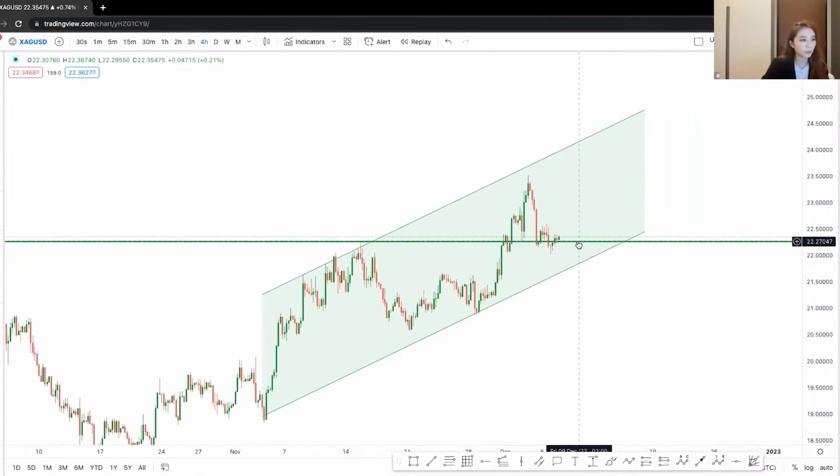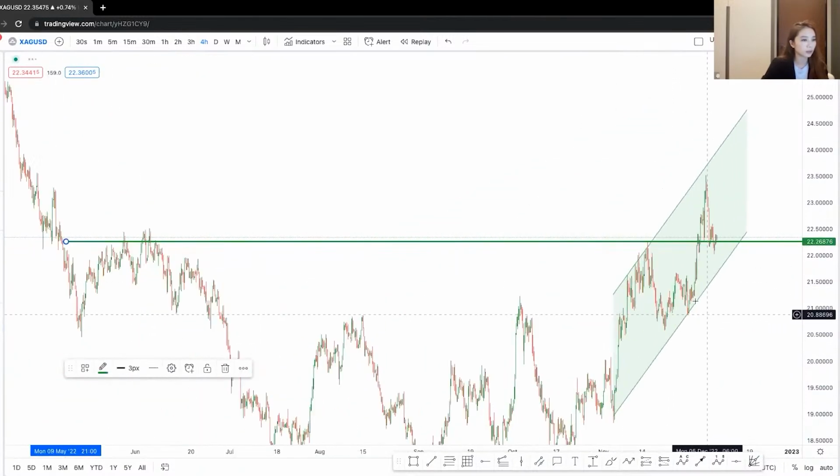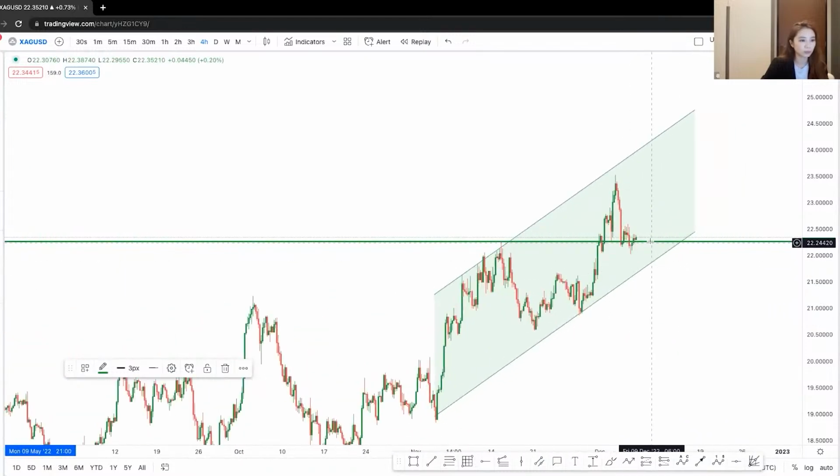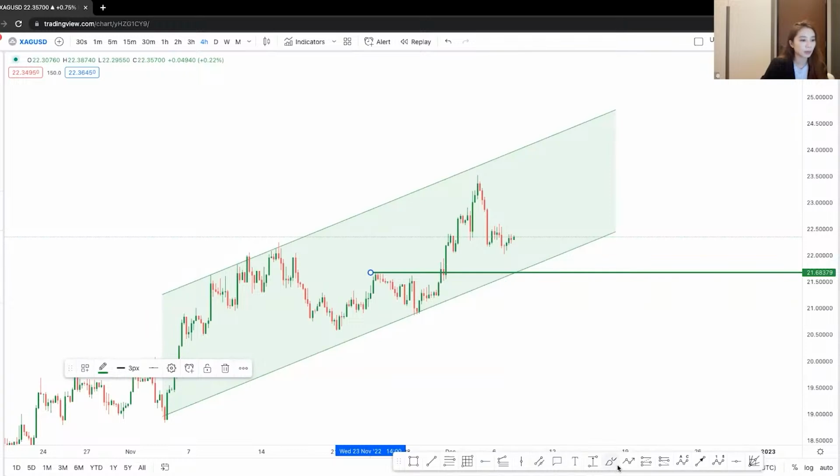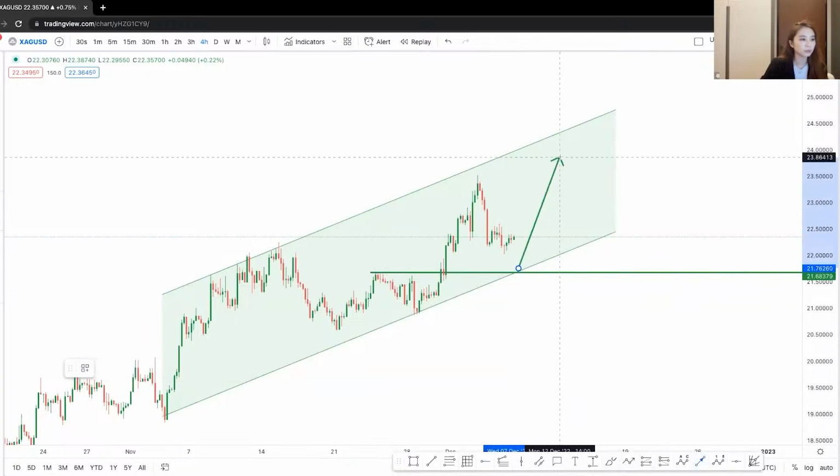So in my viewpoint, I would choose to remove this. I am seeing another level over here instead, seeing an upward movement bounce off.